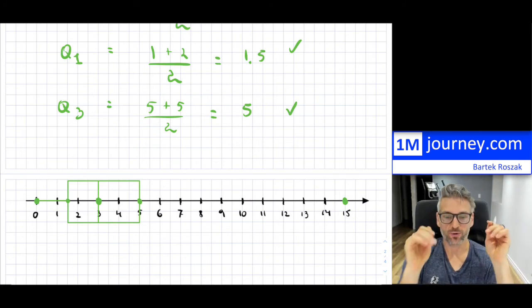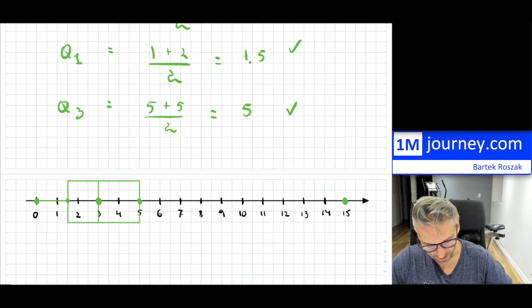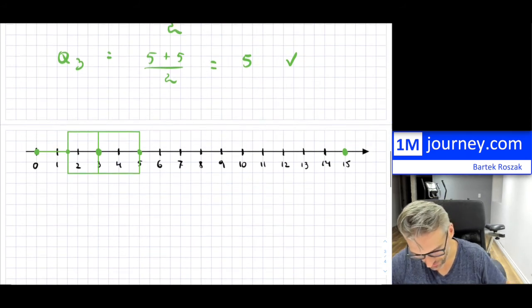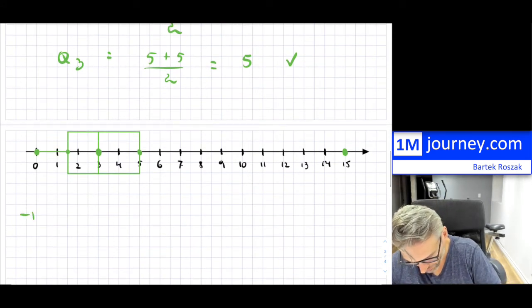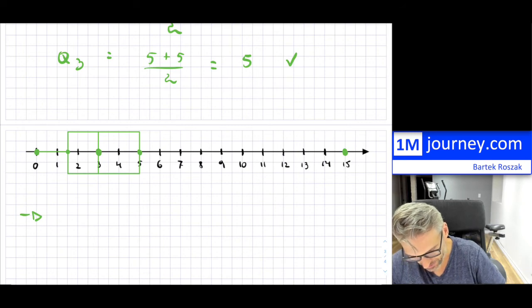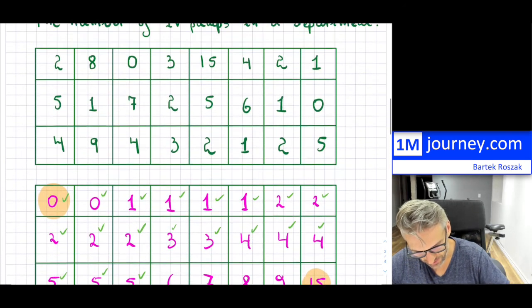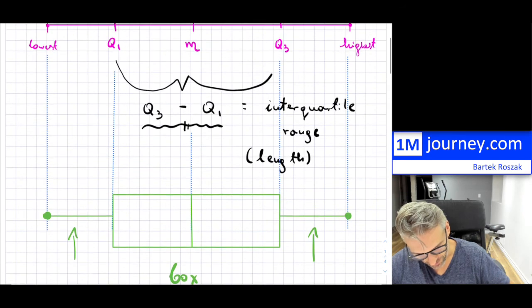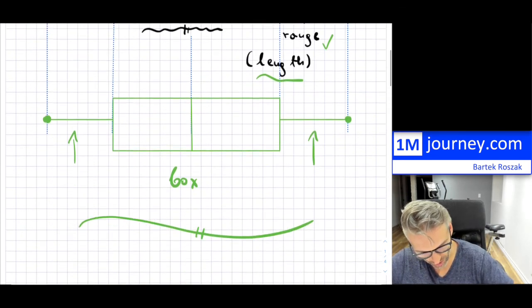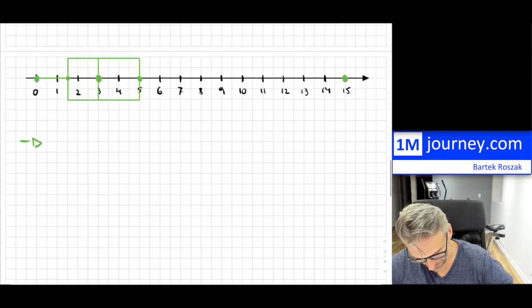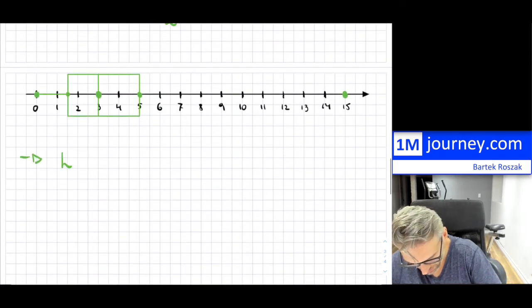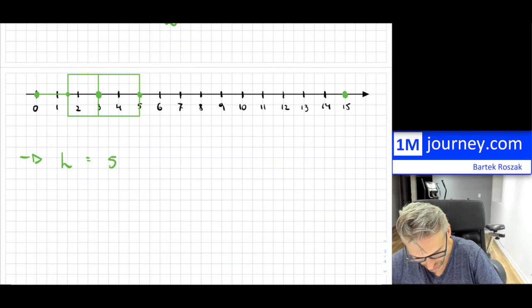Now, one thing I want to point out: if we take our interquartile range, we know this length, which is Q3 minus Q1. So our length is 3.5.